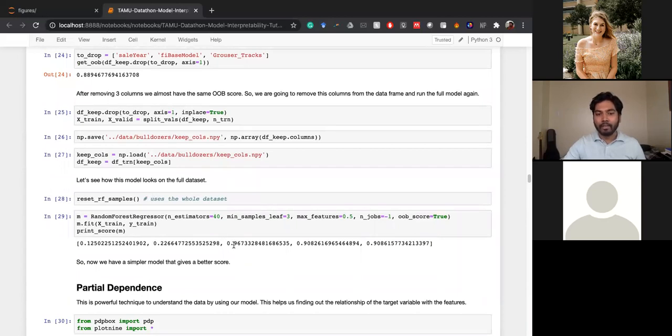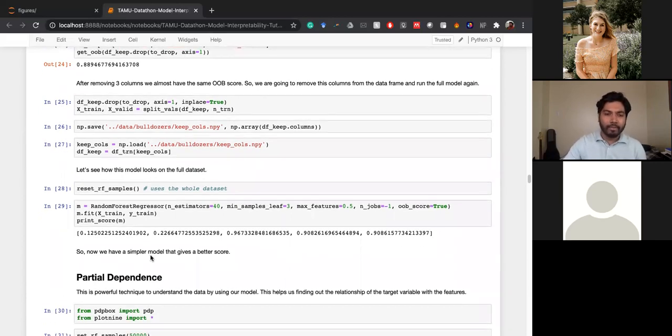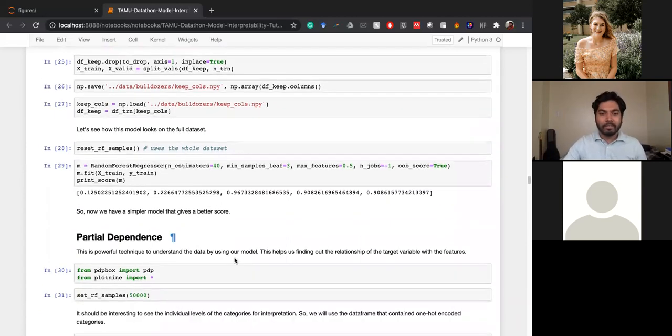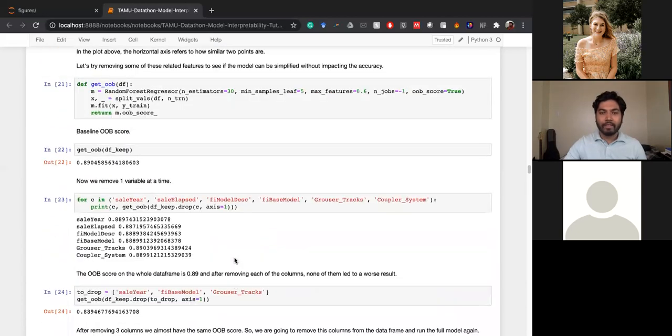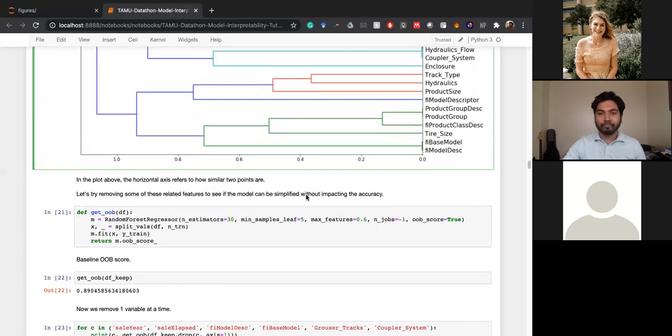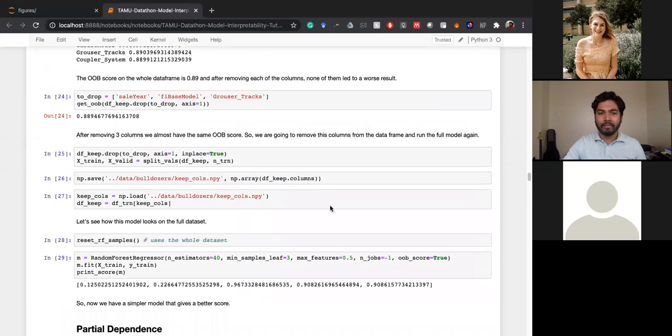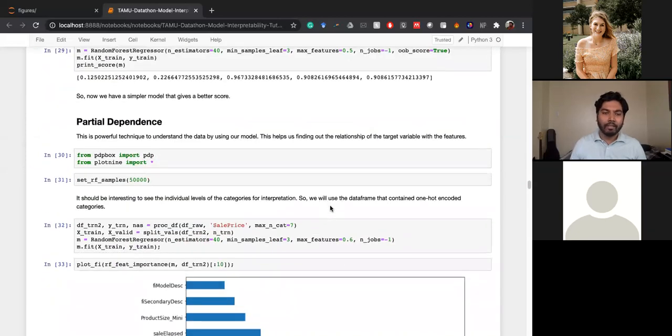I'm getting a 0.96 R squared on my training data, and 0.9 R squared on my validation set. So we now have a much simpler model, which gives a better score. You can use this technique to find relations between the data.